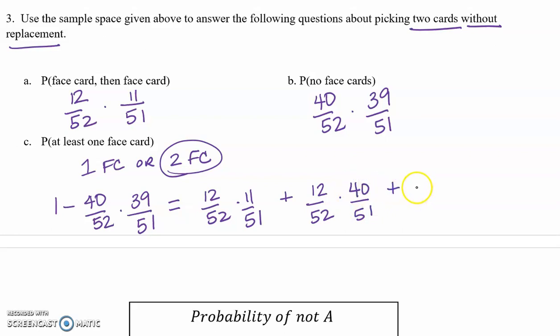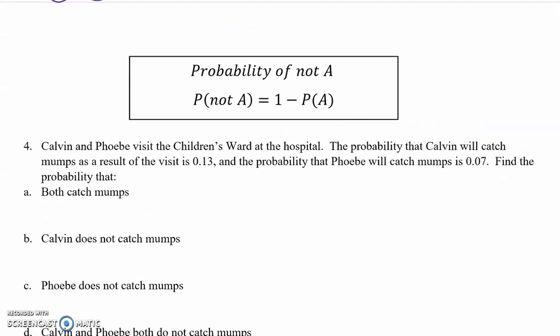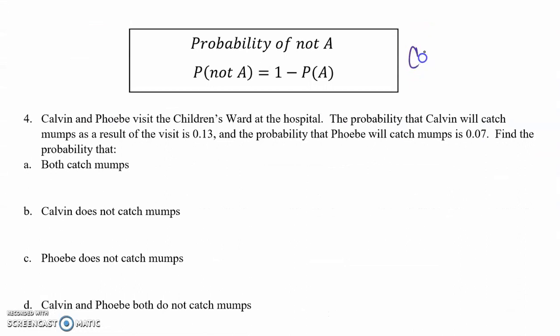Or you could get not a face card on the first one and a face card on the second one. And when you add all three of those up, you'll get exactly the same thing as if you had just done 1 minus no face cards. This 1 minus idea is the complement idea. And it's an important concept in probability to understand.